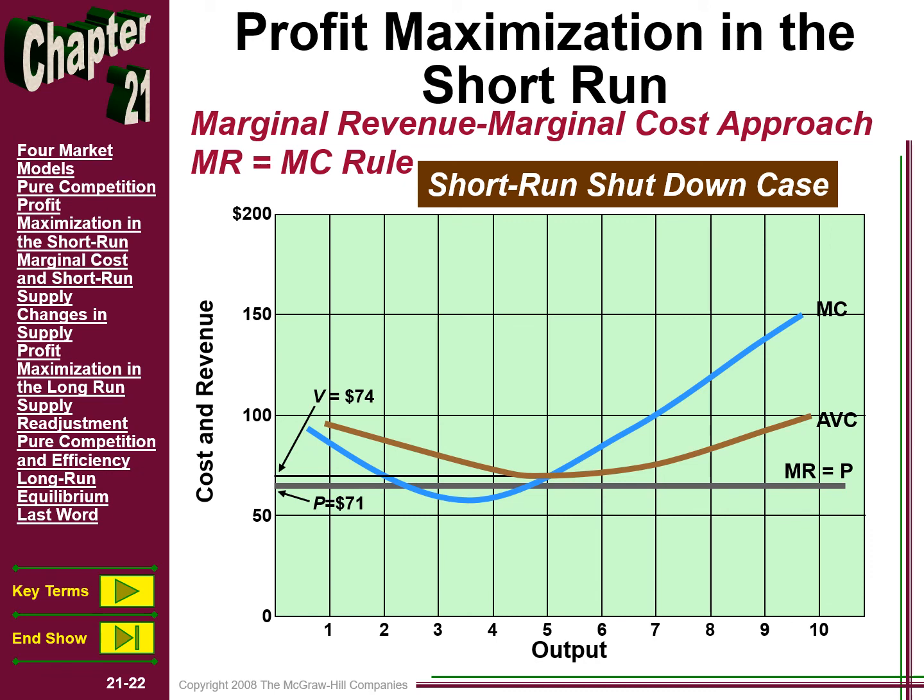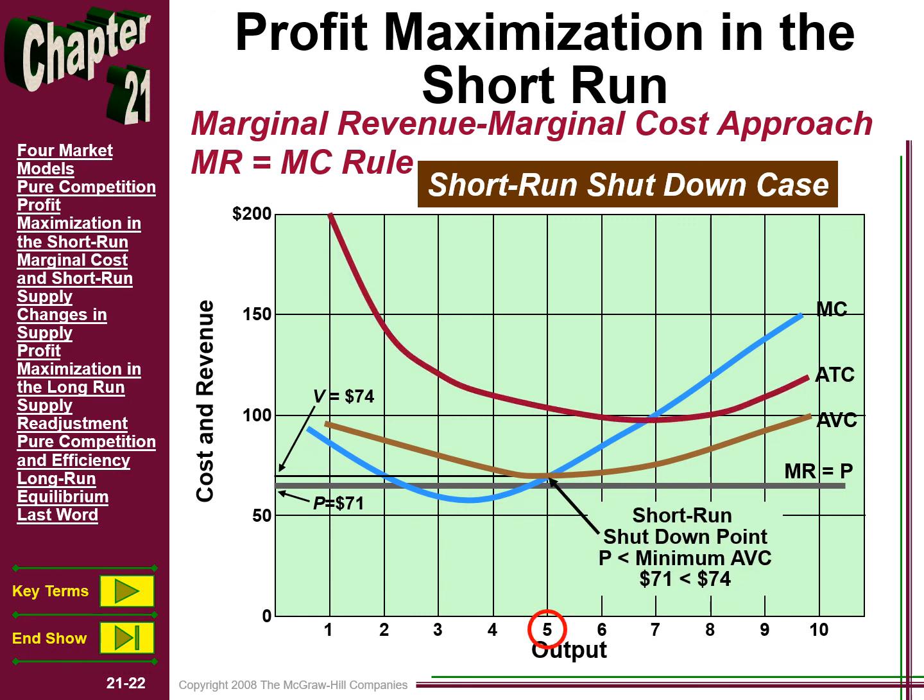And they're unavoidable. So if the firm has decided it's preferable to shut down in the short run than to produce, it will suffer a loss equal to its fixed cost. You obviously see here that price is also below average total cost.